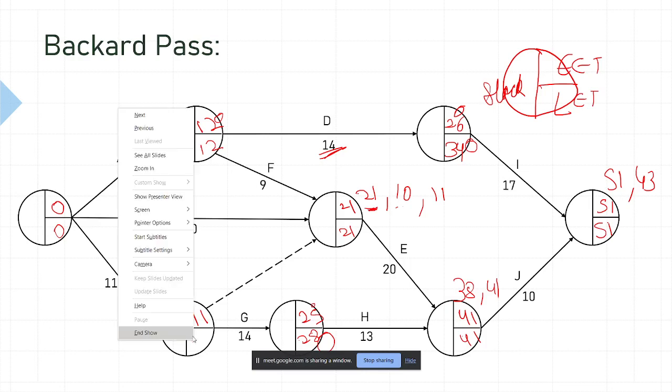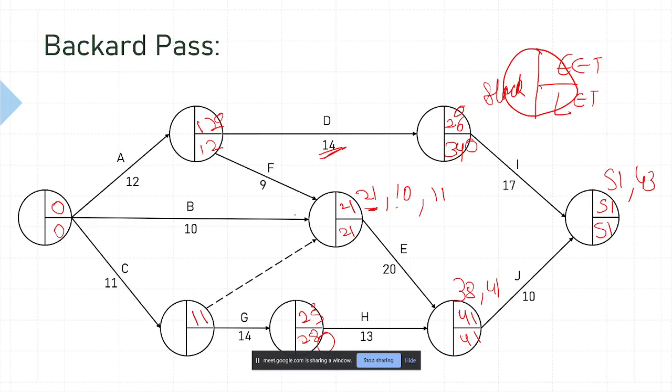Sir, for the tail event of D, we have two successors, right? So it should be 34 minus 14, 20, or 21 minus 9, 12. So we have one option that is 20 and one option that is 12. Which value will we pick?